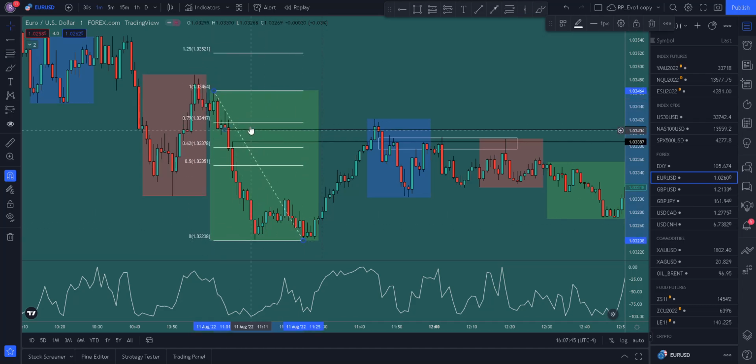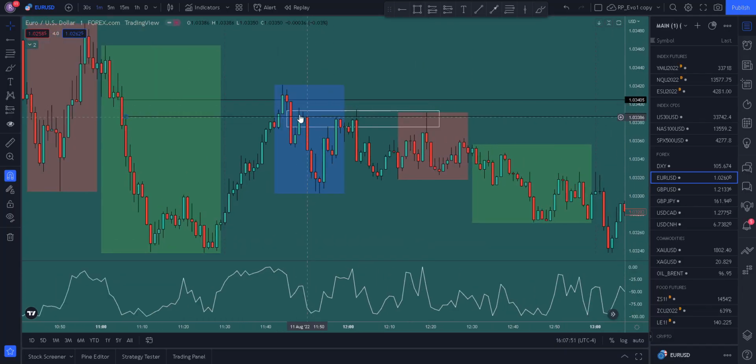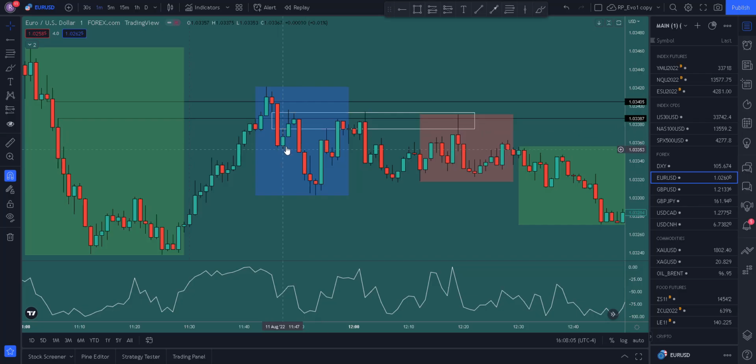Obviously it's in a premium, right? This imbalance here. And then the second imbalance was created in a new cycle, this is your previous 90-minute cycle, right? The delimiter. This is your new cycle. This is your London session, mini London KZ. And you can see this imbalance was created also in a premium.